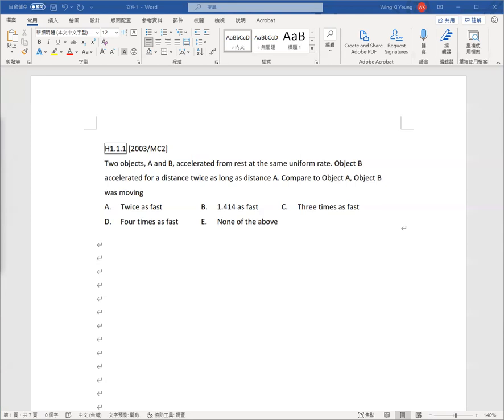So it accelerates from rest at the same uniform rate. So that means it has a constant acceleration.